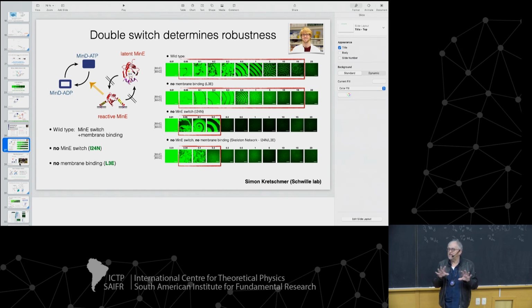But basically, these different sets of experiments are explained by the same set of parameters. That was not true, not at all true, when we started out. So the initial theories that we had gave, as you saw, the wrong answer for the MinE to MinD ratio. And they gave the wrong answer about the time scales and the length scales.